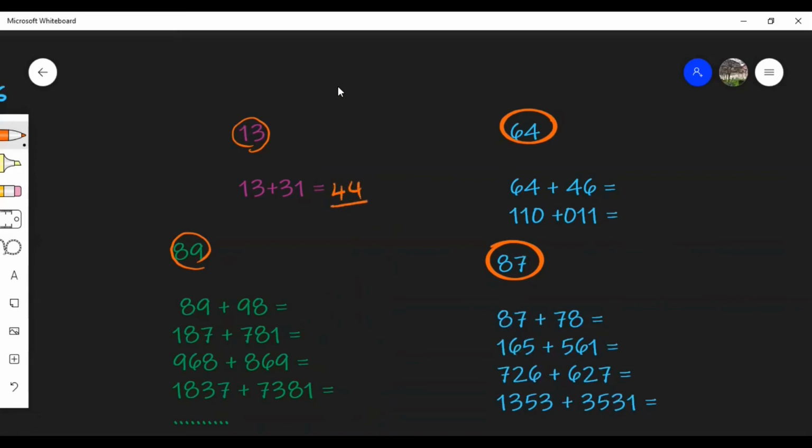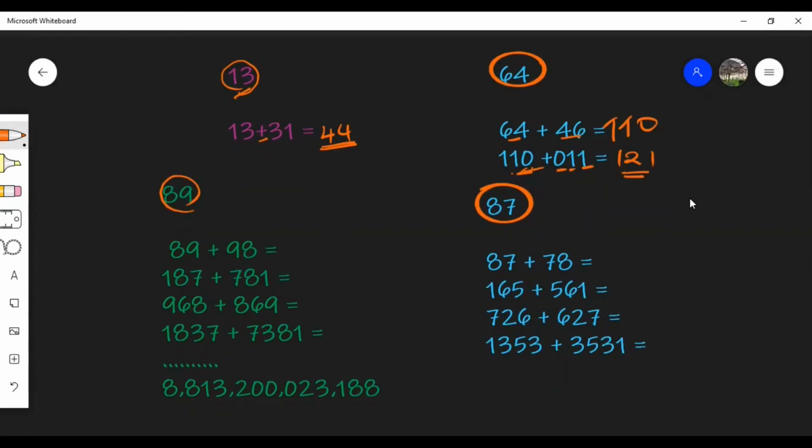That gives you a palindromic number. The same here, the 64. If you take 64 plus 46, it gives you 110. Then 110 plus 011 will give you 121, and therefore generating a palindromic number.